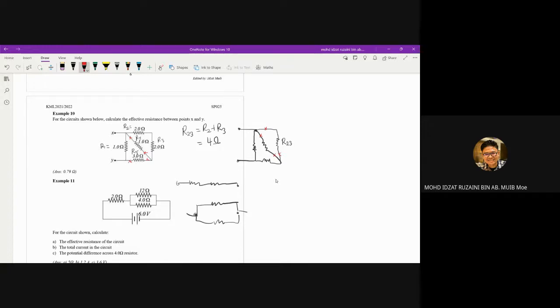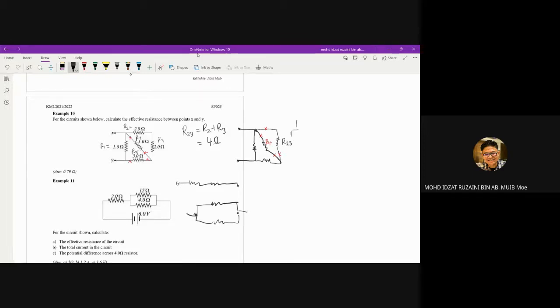Maka R23 dan R4 ini kita boleh katakan are connected in parallel lah sebenarnya. Boleh faham R23 dengan R4 are connected in parallel, kerana kaki mereka saling bertemu pada kedua-dua hujung. Kaki pertama, hujung ni bertemu juga. Kaki kedua bertemu juga. Maka R4 and R23 are connected in parallel. Okay, so kamu akan selesaikan R23, R4.